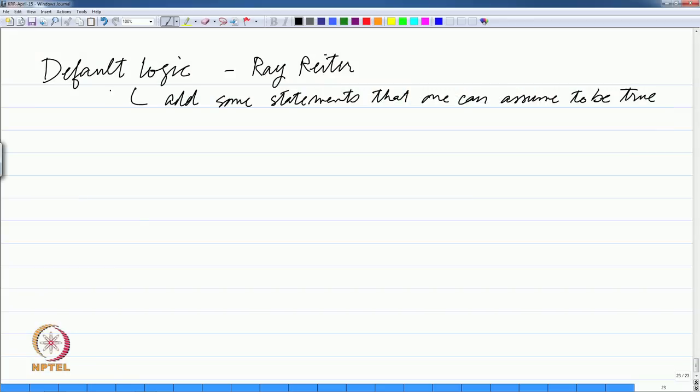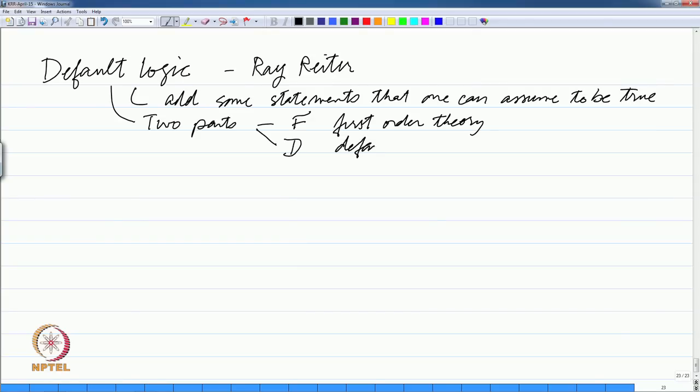So, a default logic is broken up into two parts. One we can write as F, which is a first order theory. It basically means a set of sentences in first order logic, and the other is a set of default rules.